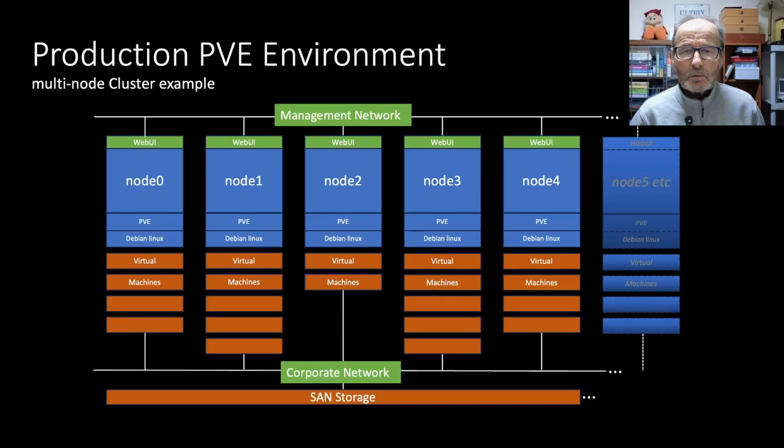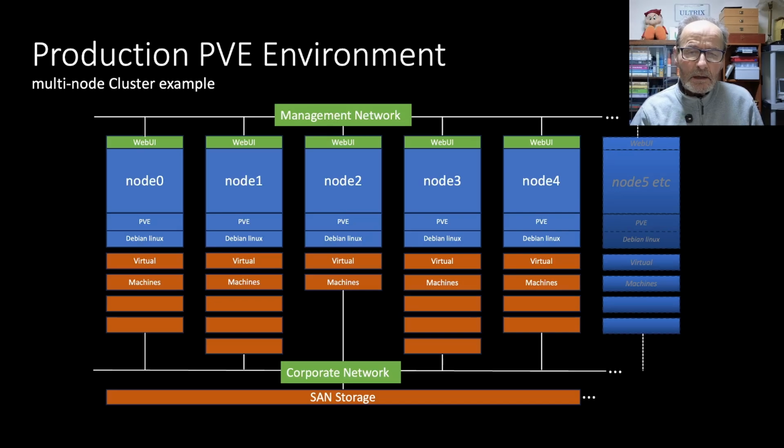Now, in the real world, it's going to look far more like this. This is a clustered environment. I've given you an example here of 5 nodes in a cluster, possibly 6 if you look at my slightly grayed out one. And here we've got distributed storage, which is what you would almost always use in a production or commercial environment.